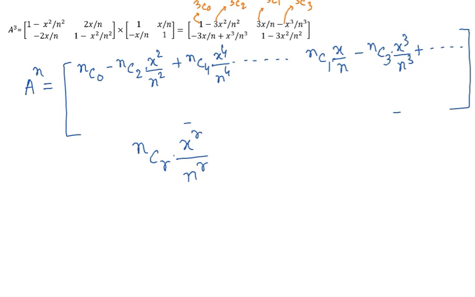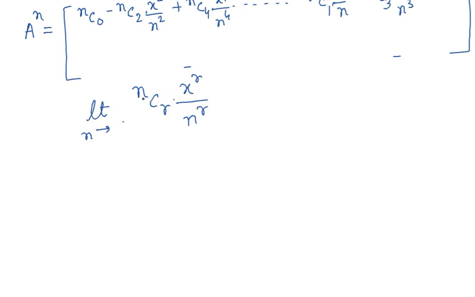If you see all these terms, this will be a general representation of all these terms. Now what will happen when the limit n tends to infinity? So let's see what will happen to this particular expression.